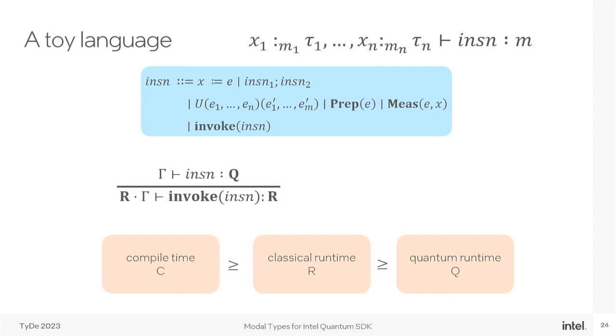In general, like a modal type, we're going to be scaling all of the modalities in the context by that mode. And we can also go in the other direction, sort of demoting or running instructions from higher modes onto lower ones, according to this preorder.